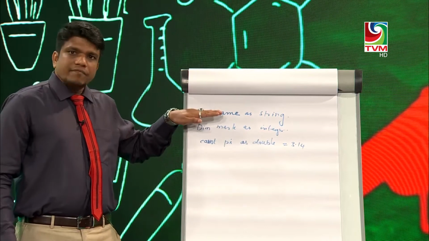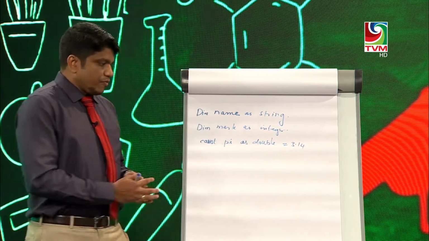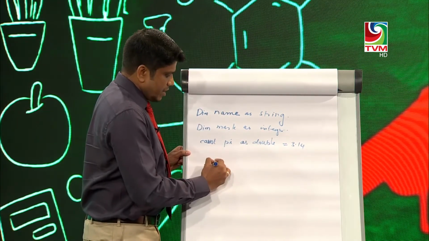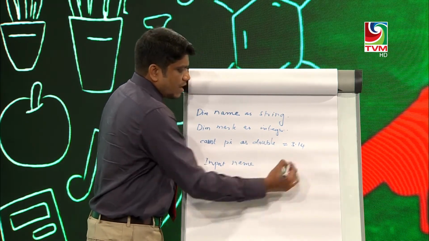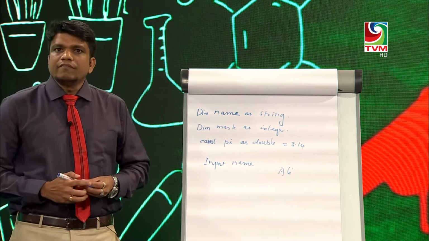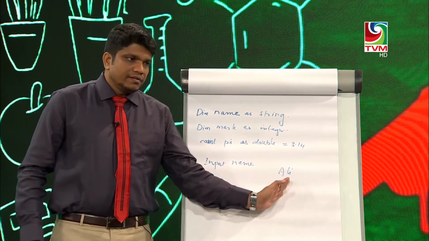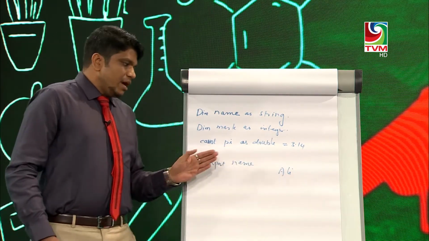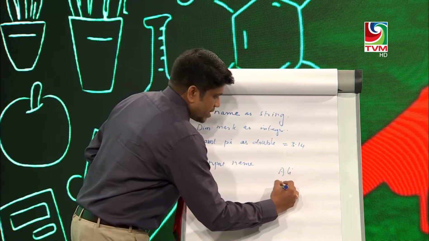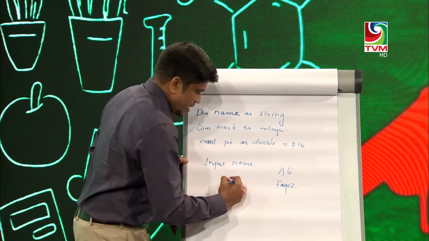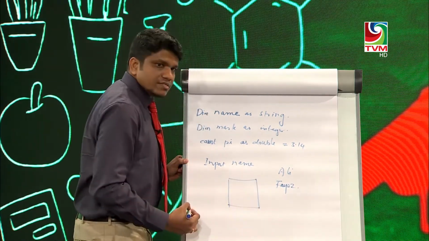But when you are taking the variable name, suppose the first time I give the input name as Ali. At this time, the value stored in name is Ali. Then I execute this line again and give Fayaz.